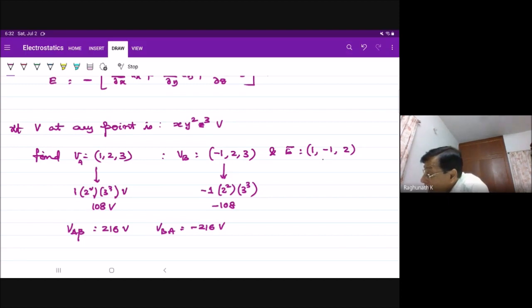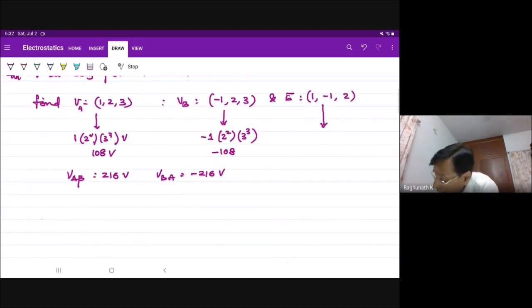I want to get the electric field intensity at any point. E bar is equal to what? At any point. Somebody gives you a point, you directly substitute the coordinates and get the potential. What is E bar?